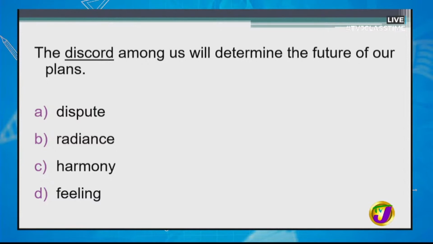Doesn't sound like something particularly positive. So, our opposite of discord is harmony. Very good. So discord means you're not in unison, you're out of joint with each other, maybe you're not even agreeing on anything, whereas when you're in harmony, everything is flowing together nicely.